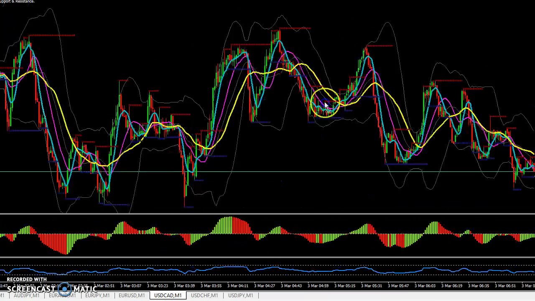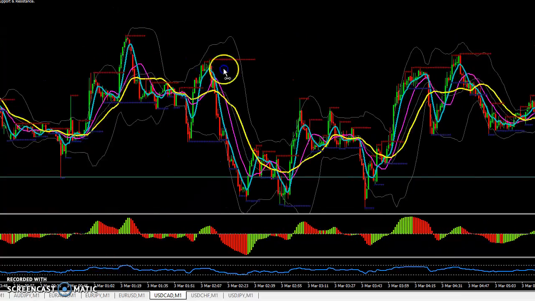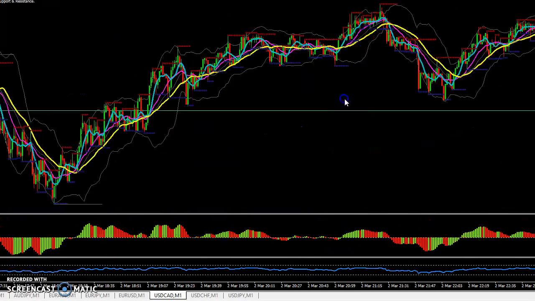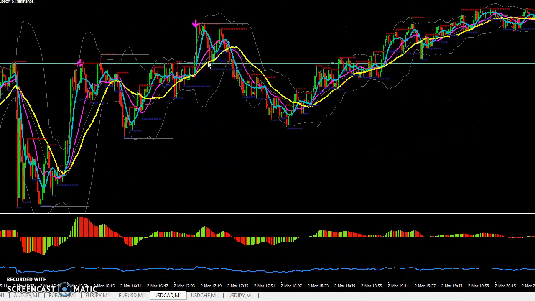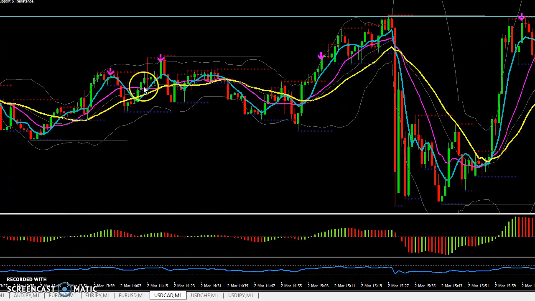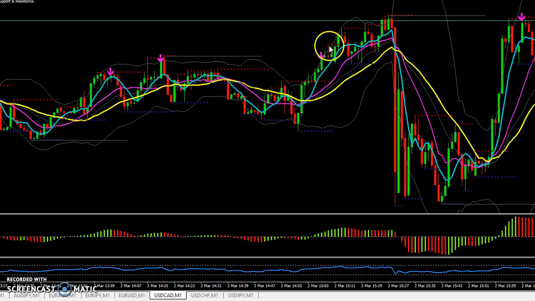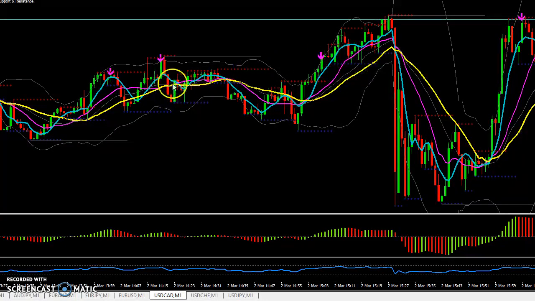USD CAD. Say first or second entry here, first entry here. So second or third, if you took this one up in the band here, it's the third.